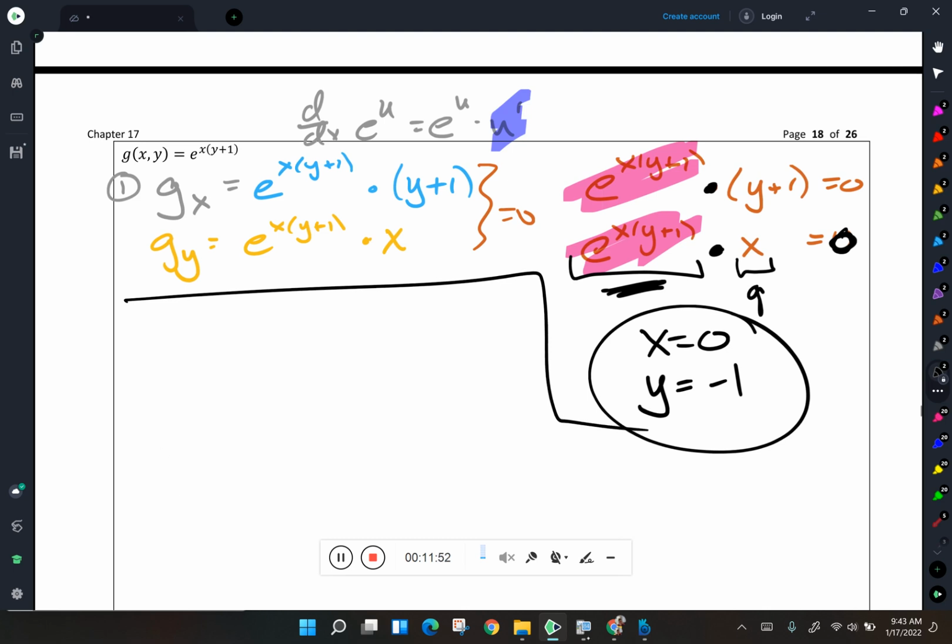That's not too bad. All right, so how do I test it? I need to do the discriminant. But in order to do the discriminant, I need my second partials. So what is g sub xx? Well, g sub xx is going to be the derivative of that first g sub x with respect to x. I've got two things being multiplied together. There are no x's over here, so that's just a coefficient, so that's just going to drag along.